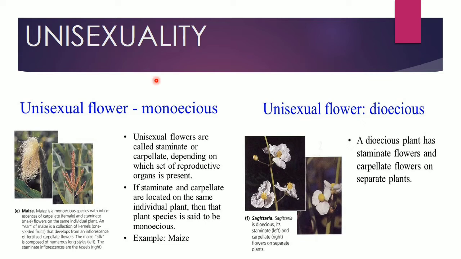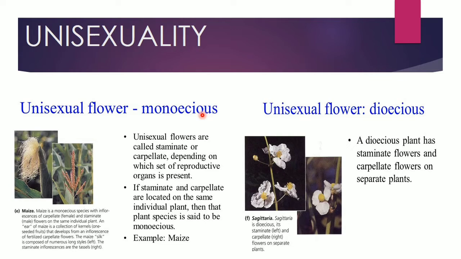Now another two terms you have to study, that is monoecious and dioecious. Both the terms we will explain with respect to plants, not with respect to flowers. That is the difference.